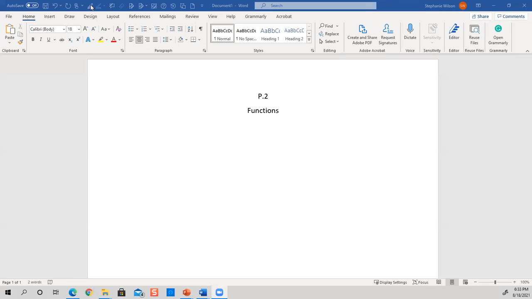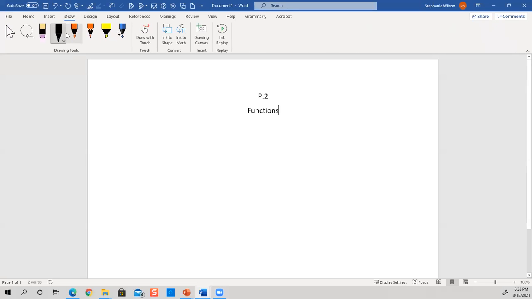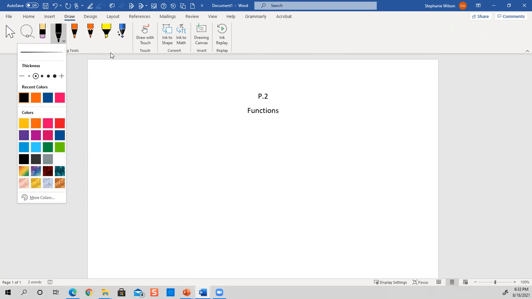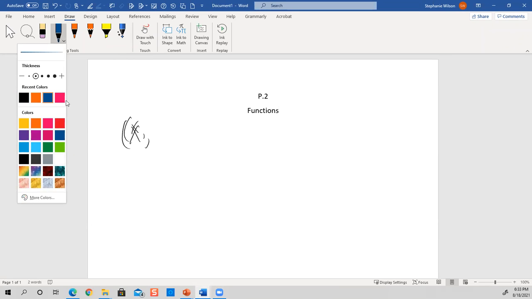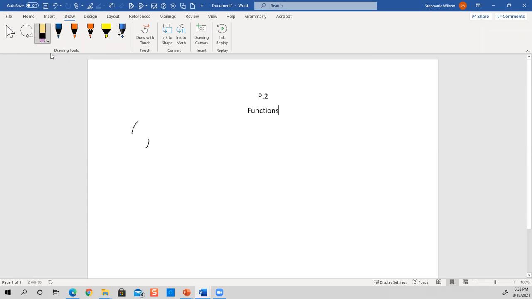So when I say this, my ordered pair, x comma y, as long as the x is not repeated, and this one has a different one, then it is a function.